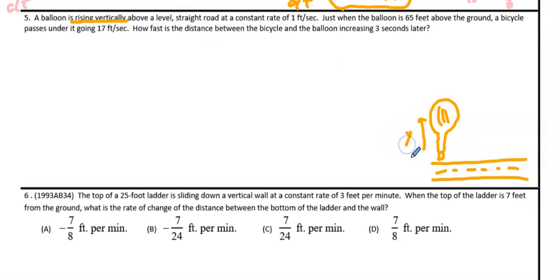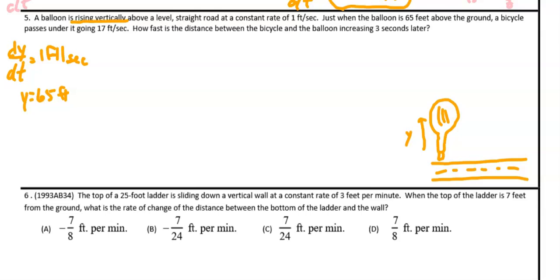And that means that that's y, right? The direction of y. I always do the xy coordinates over y. And so it's rising vertically at a constant rate of 1 foot per second. So the change in y with respect to time is going to be 1 foot per second. Just when the balloon is 65 feet above the ground, so that tells us that y is 65 feet above the ground, a bicycle passes underneath it.